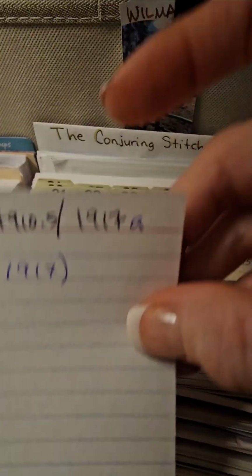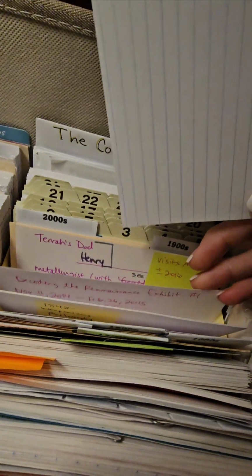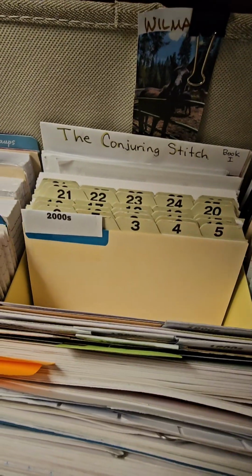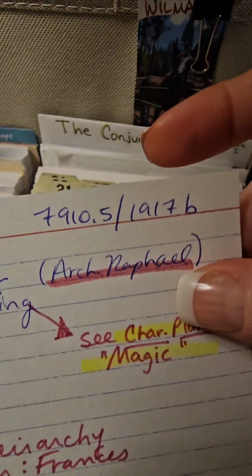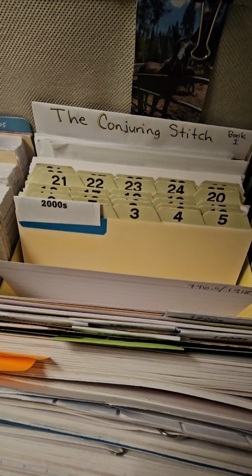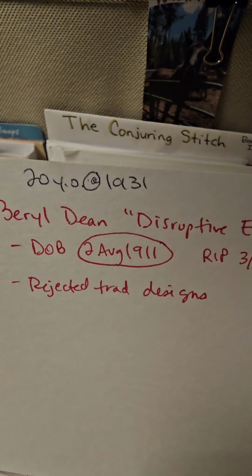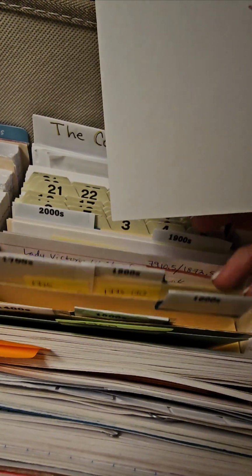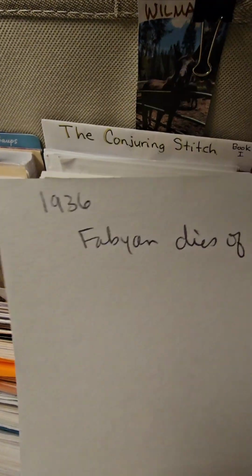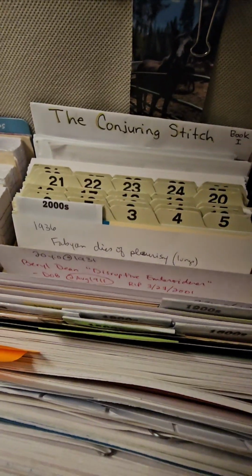I've got a 1917A, so it's going to go behind that one. And I've got a 1917B. I've got a 1918, and then we have another jump. I have a 1931, so let's go back to my 1900s. The last one's 1918, so that's going to go next. And then I've got a 1936, so that one's going to go next.